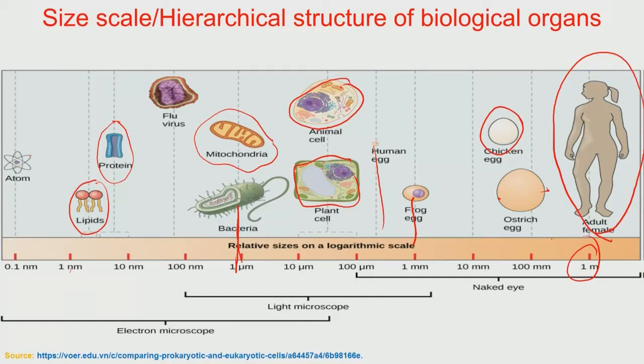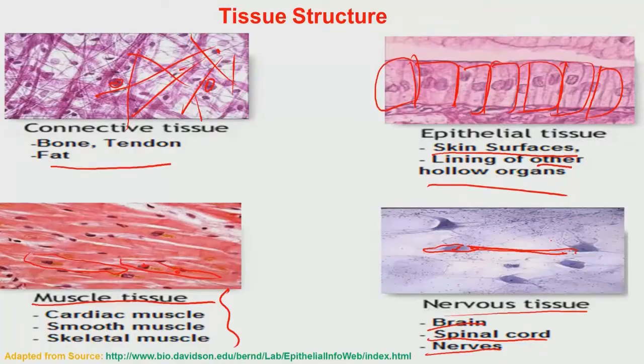So, this is a large length scale that we deal with in biological systems, and this biological system contains everything starting from ligands, proteins to cells, bacteria and so on and so forth.